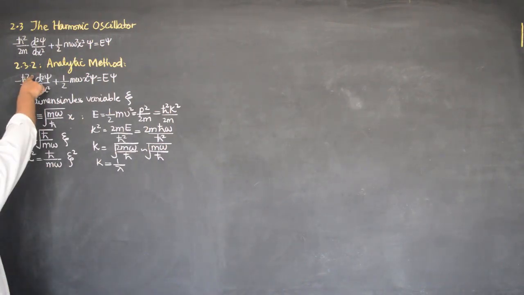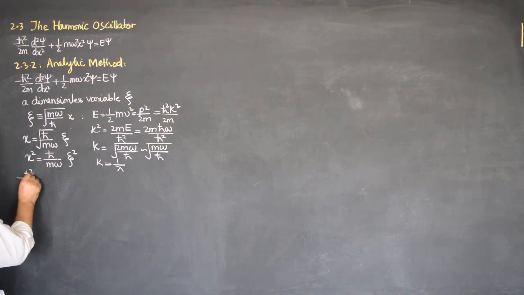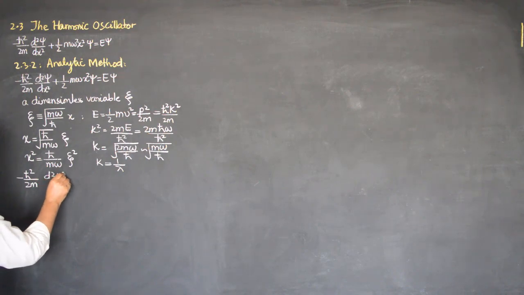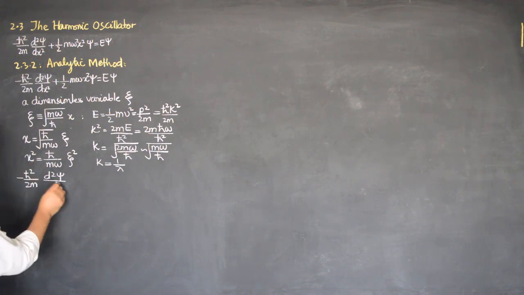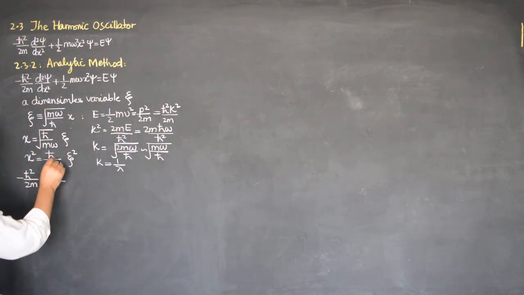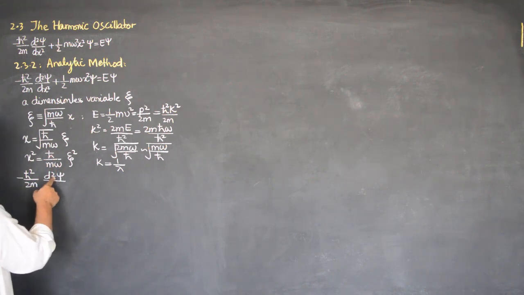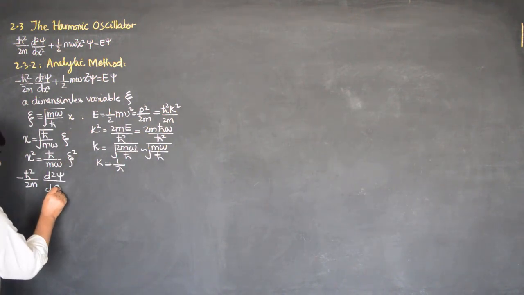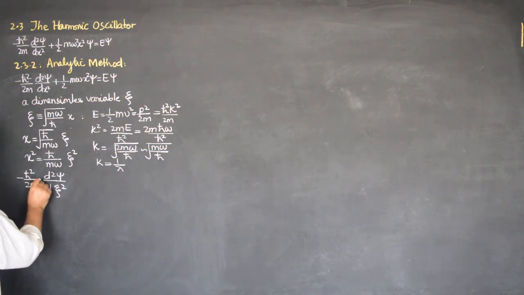So for this one I can write: minus h bar squared over 2m d²ψ over dx squared. For x squared I can write d, and then this h bar over m omega will come here, and here I will write xi squared. So when I write xi squared here, then m omega over h bar will come here.